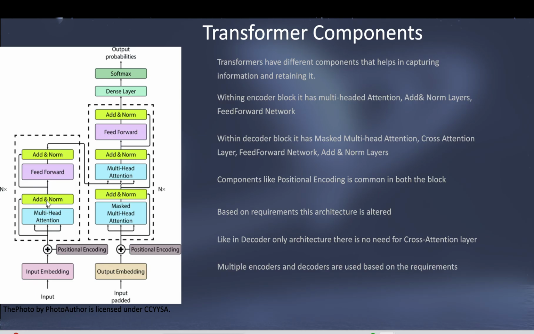And this add norm layer is present everywhere in this transformer architecture, which is to avoid the vanishing and exploding gradient problem, like we have seen in RNN and LSTM.